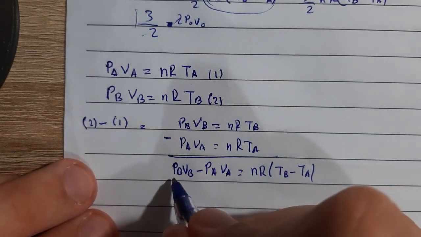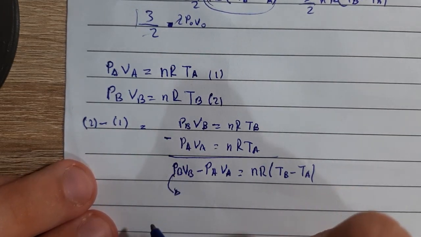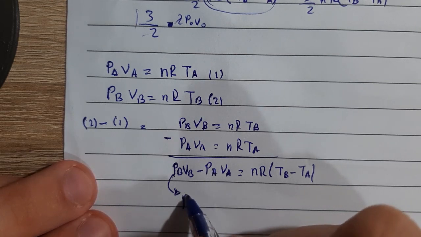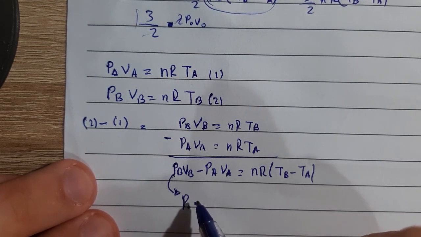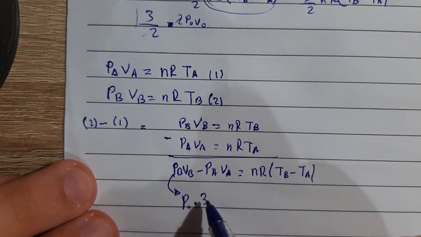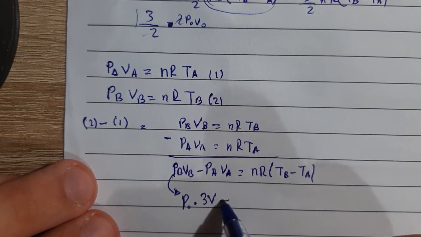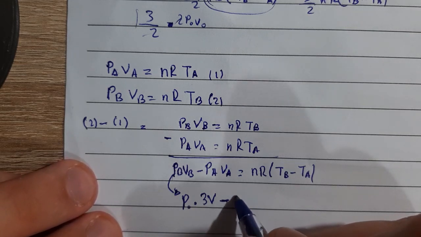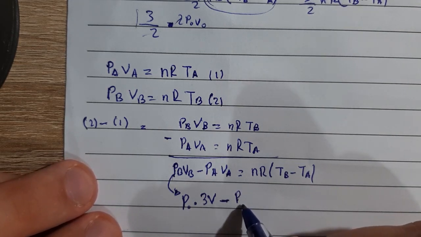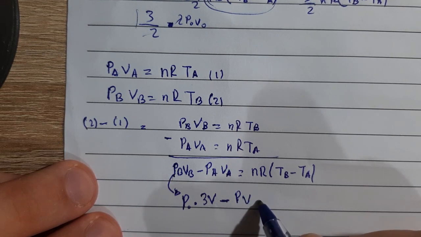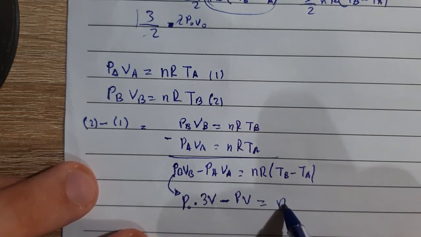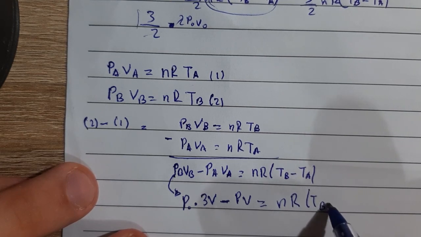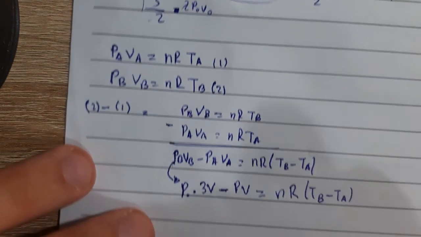And what is the pressure in point B? The pressure in point B is P0, and the volume in point B is 3V, right? Just look at the graph in the question. And the pressure in point A is P, and the volume is V, equal to nR times TB minus TA.